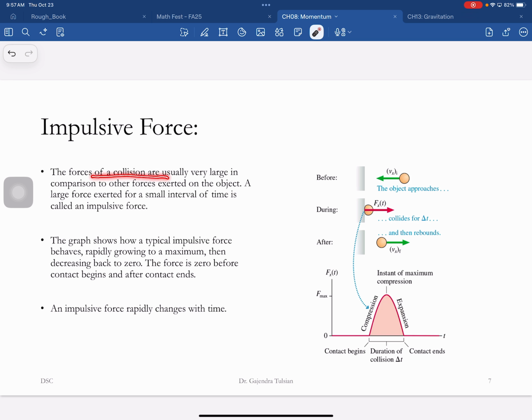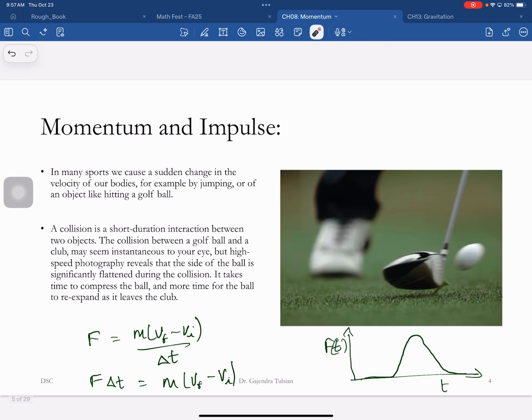The forces of a collision are usually very large in comparison to other forces exerted on the object. So what we're trying to say here is the following. Here's golf. When the club is exerting a force on the ball, there's the weight of the ball and there's friction and all that. So I'm going to draw this: the ball on the tee.